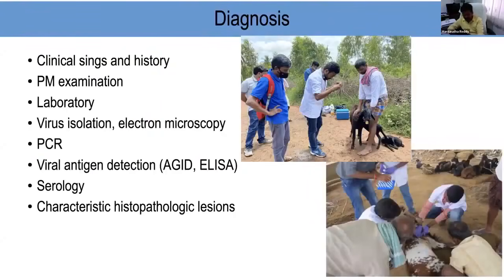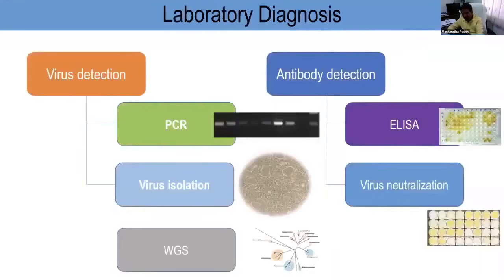Diagnosis is definitely based on clinical signs and the history. Then when it comes to the laboratory, we diagnose the disease at NIVEDI. First is virus detection through PCR, and we differentiate sheep and goat pox using a P32 gene based conventional as well as real-time PCR, in which for real-time we have both SYBR as well as probe based assays for differentiation, and we do sequencing.